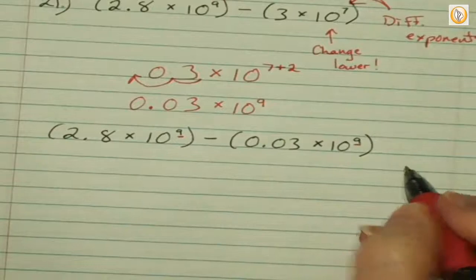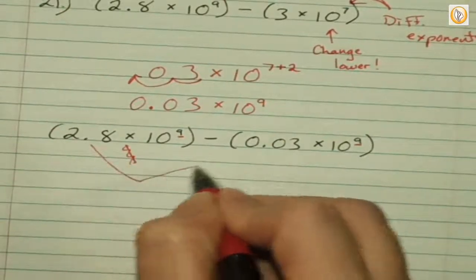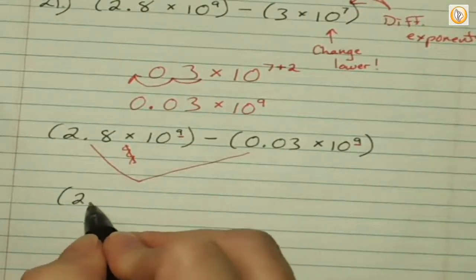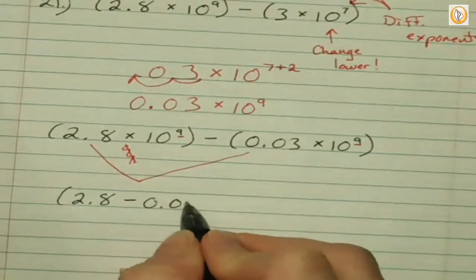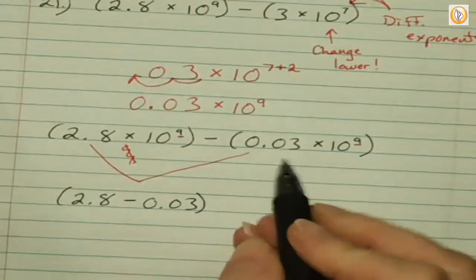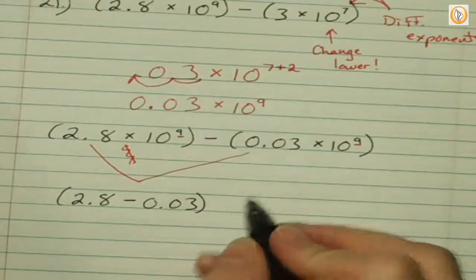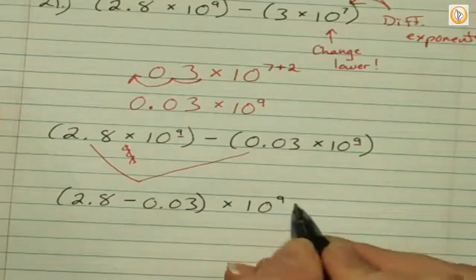Well, we subtract the numbers. Okay, so we're going to group them, right? So I have 2.8 minus 0.03. So see, if we had not done that, we would have gotten a negative answer. Hence why they have to match. Times 10 to the 9th.